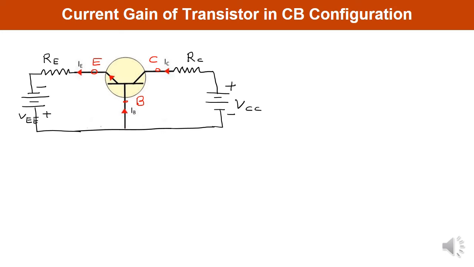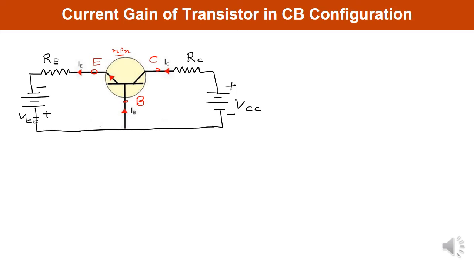Let us calculate the current gain of a transistor in CB configuration. CB configuration is nothing but the common base configuration. Let us draw a common base configuration, and the batteries need to be connected in such a manner that the emitter base junction is forward biased and the collector base junction is reverse biased. This is an NPN transistor. The three terminals have been shown: emitter, collector and base.